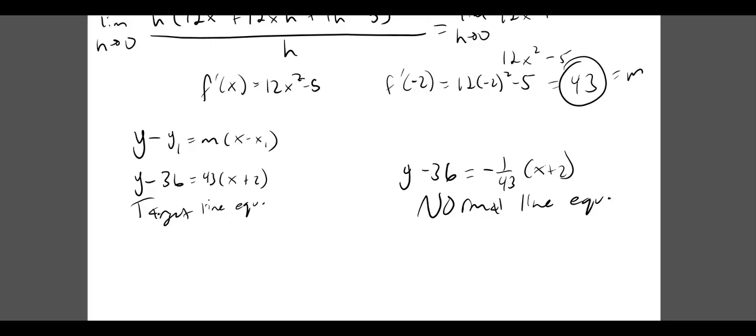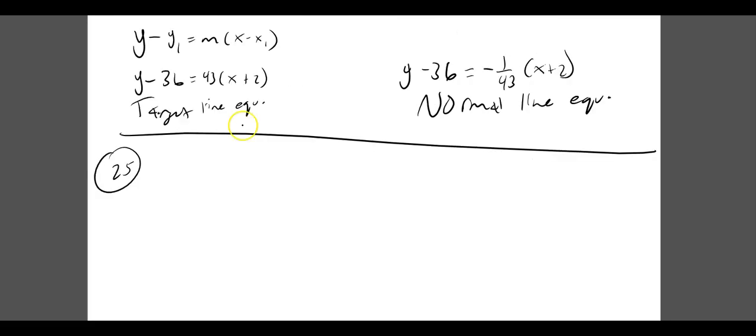All right, 25. We got to determine the following limits. If they don't exist, explain why. So the limit as we go to 2 from the left. So remember absolute value, guys.